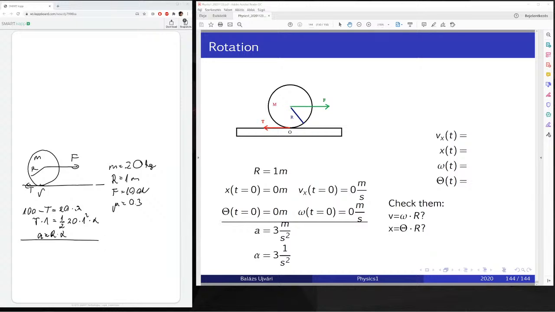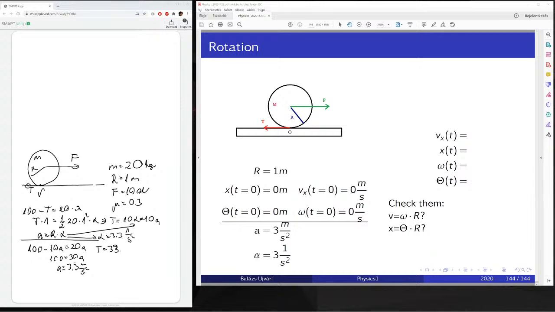Let's solve it. From this one, T equals 10 alpha. Adding this one, 100 minus 10A equals 20A, 100 equals 30A, A equals 3.3 meters per second squared. Alpha equals 3.3 per second squared, T equals 33.3 Newton.